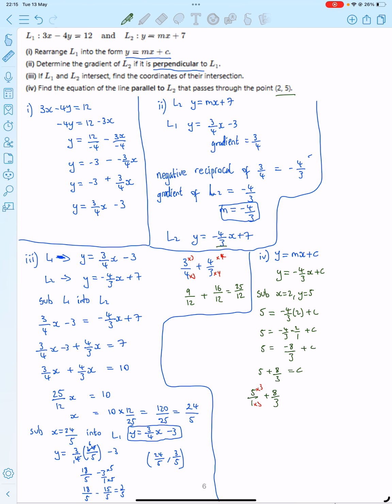And then that gives us 15 over 3 plus 8 over 3, which equals 23 over 3, which equals c. So the final equation is y equals minus 4 thirds x plus 23 over 3.